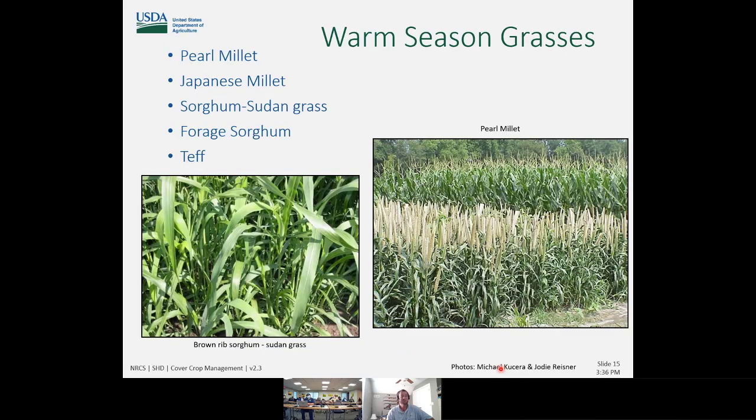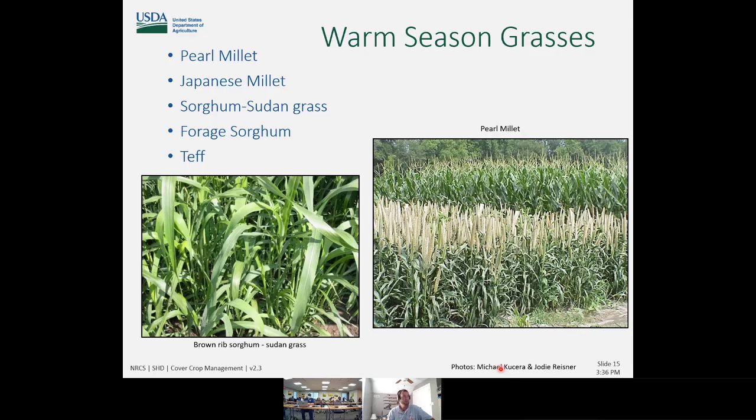Also thinking about warm season grasses, there could be that opportunity. A lot of times where I see this being implemented could be after those vegetable operations have harvested those cool season vegetables, or if you have a producer that has a set aside area in a grazing system to where they're utilizing maybe those cool season and then warm season annuals. And of course, they would want a warm season grass in that type of system.